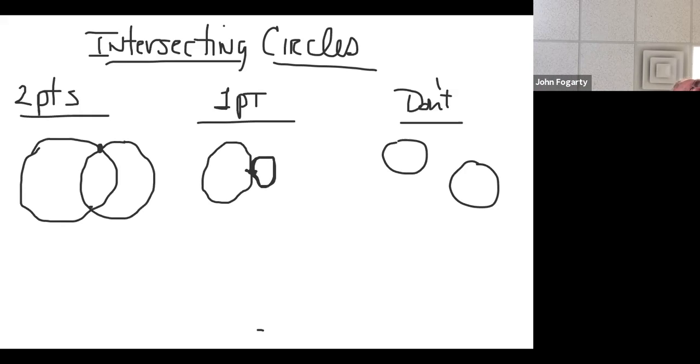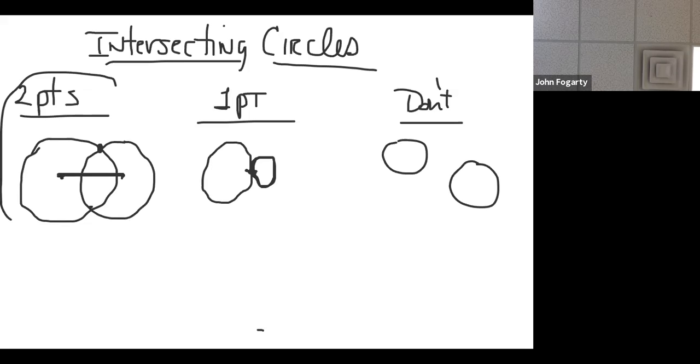All right, now, this circle right here, the big one, has a center. This other one here on the right has a center as well. And all you need to know is that if you connect those two centers with a segment, that segment contains the radii of both circles, okay?